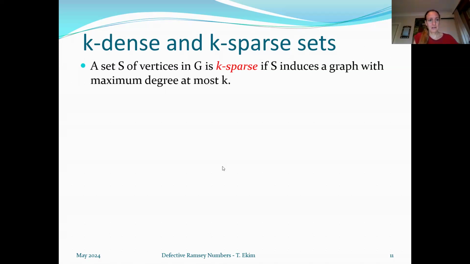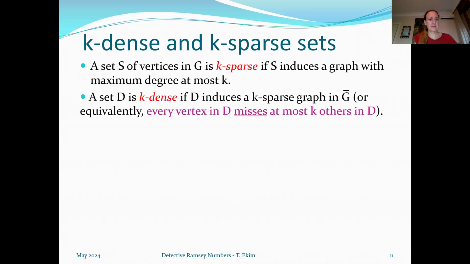Okay, let me continue. And we're going to relax the notion of a clique using k-dense sets. This is just the opposite, in the sense that a set will be called k-dense if it induces a k-sparse set in the complement.